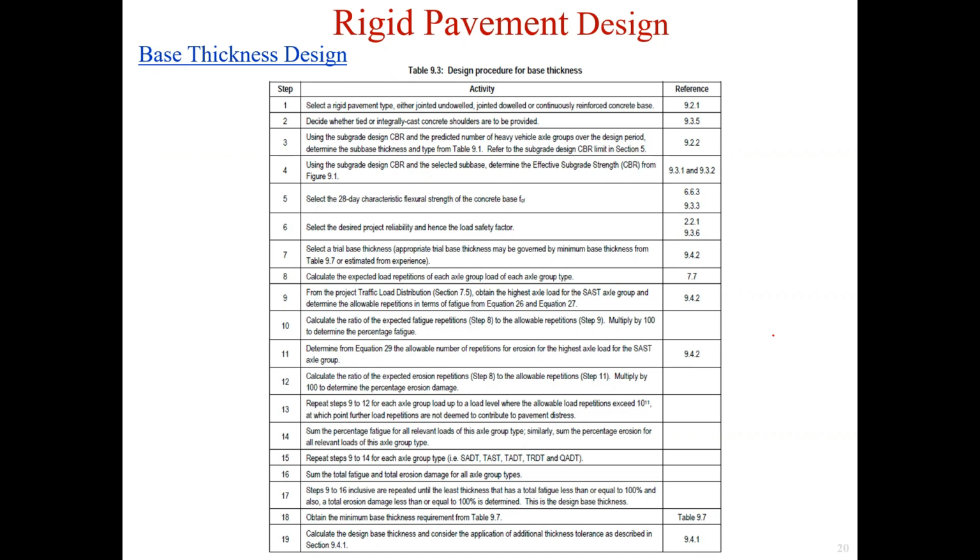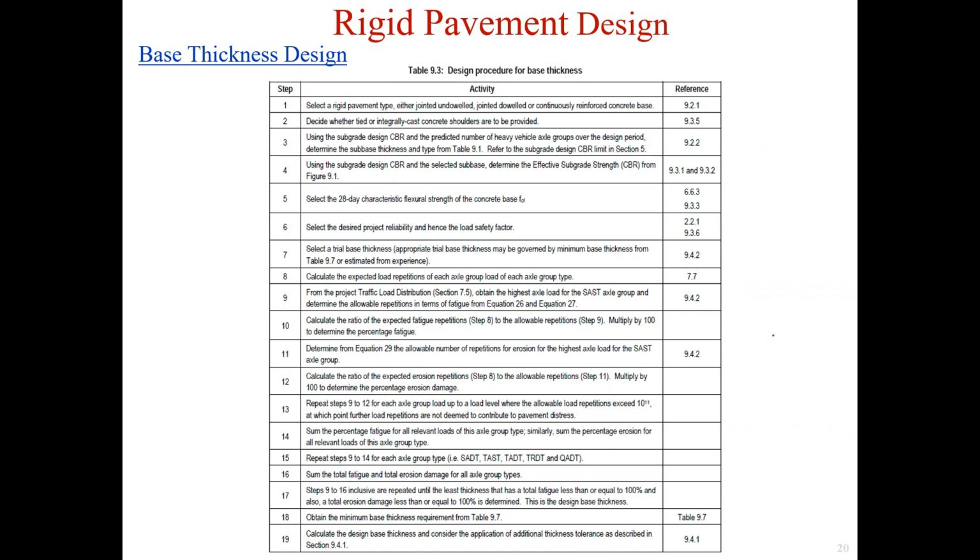Next is to determine the subbase thickness and type and effective subgrade strength. Afterwards, we need to select the 28-day characteristic flexural strength of the concrete base, FCR, and then select the desired project reliability and the load safety factor. Step 7 is to select a trial base thickness.